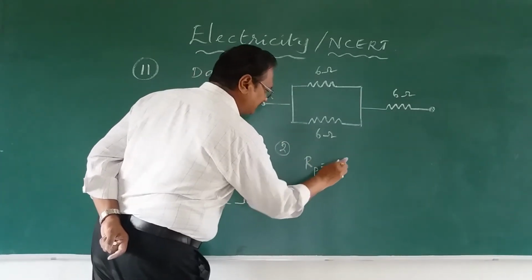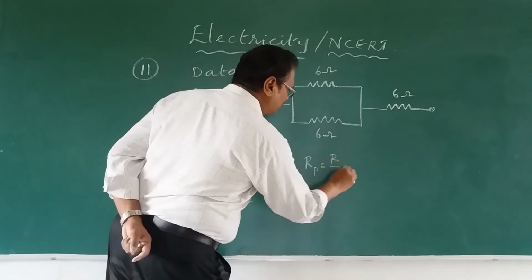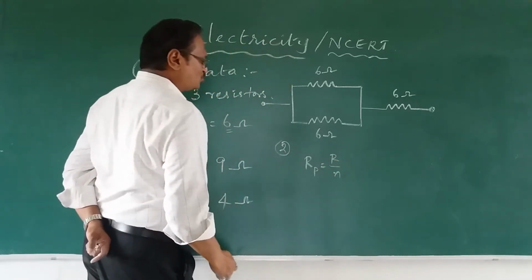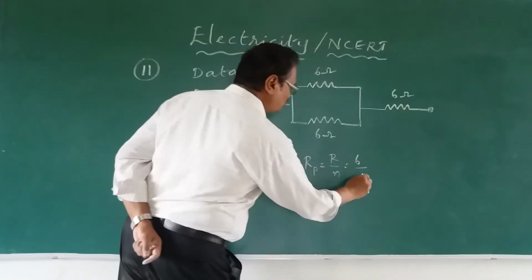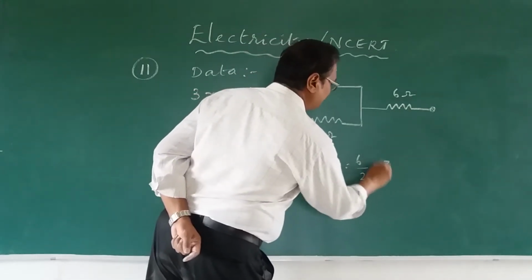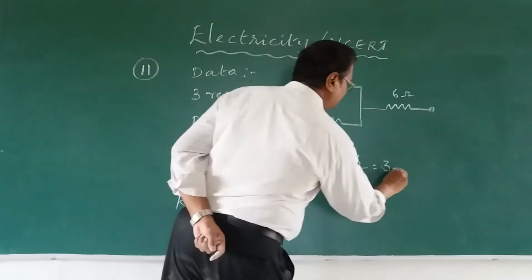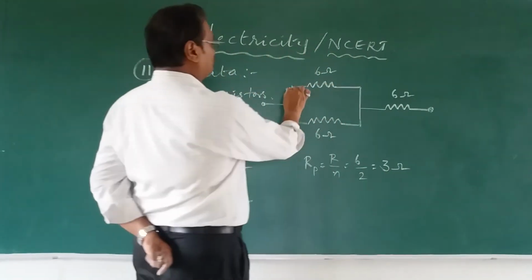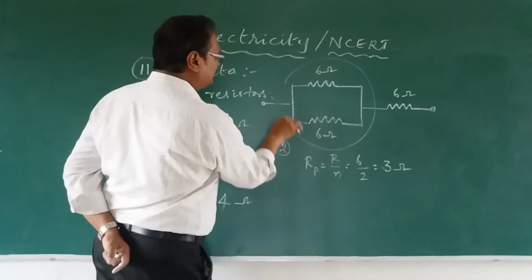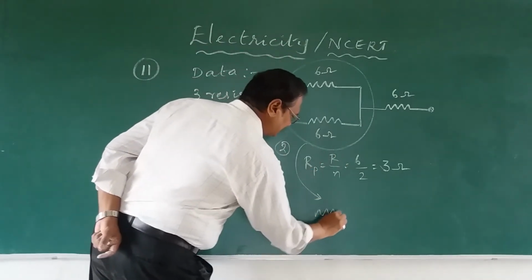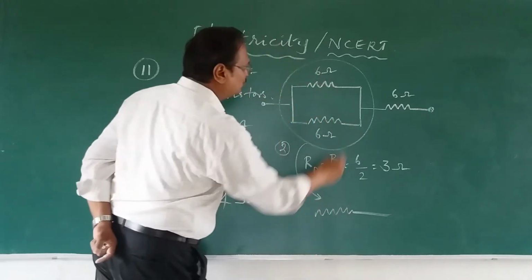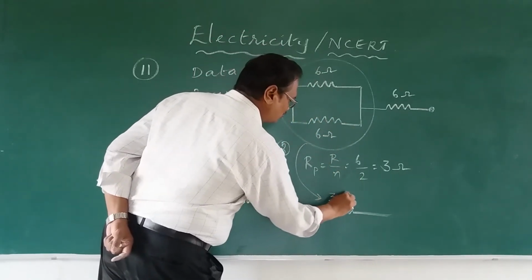So Rp is equal to R upon n. What is the R value? 6 divided by n, which is 2, that is equal to 3. Oh, that's good. This is 3 ohm. See here, this whole thing is reduced to a single resistor with the value 3 ohms.